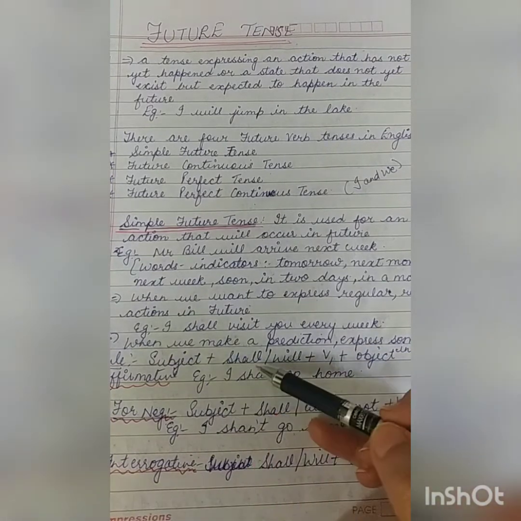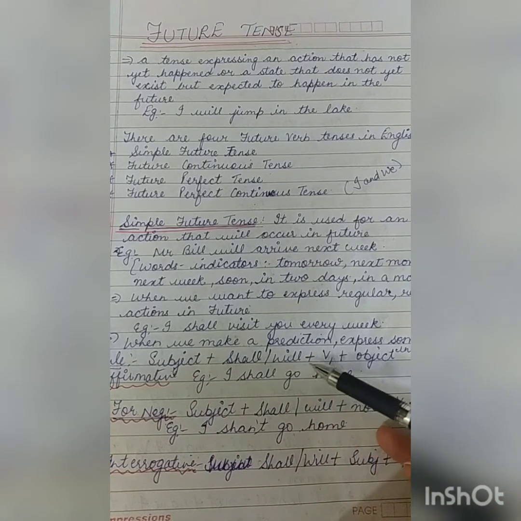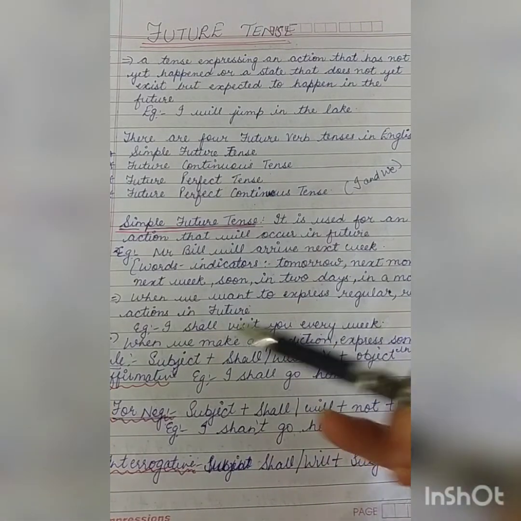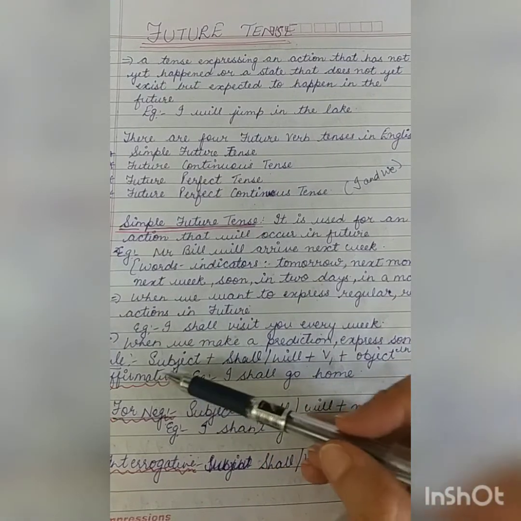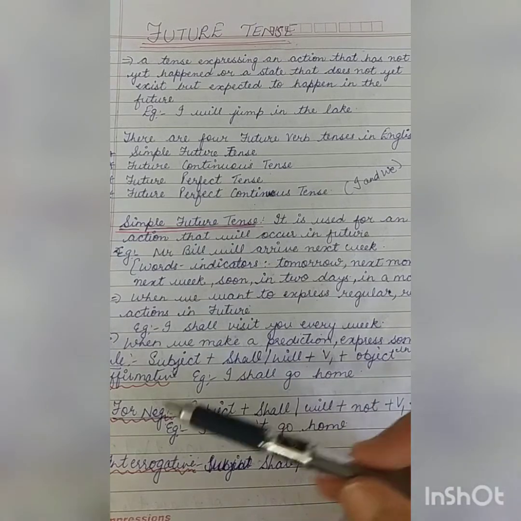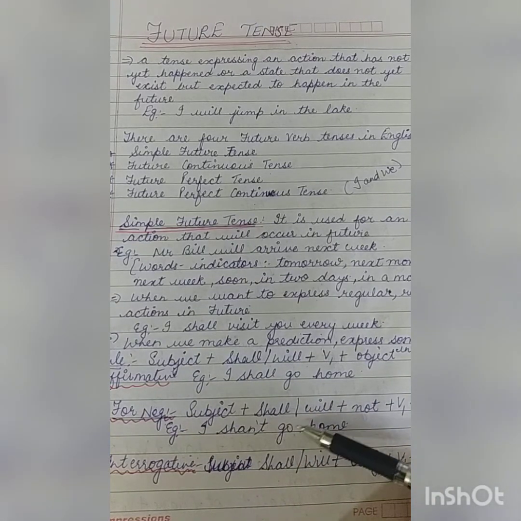So the rule for this is simple future is subject plus shall or will plus first form of the verb plus object. Example, see, this is for affirmative sentence, I shall go home. Now for negative sentences, subject plus shall or will plus not plus first form of the verb plus object.